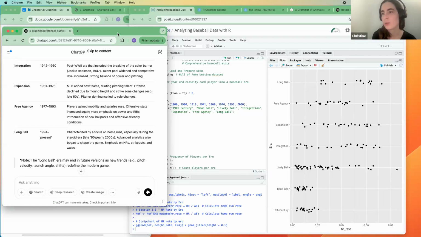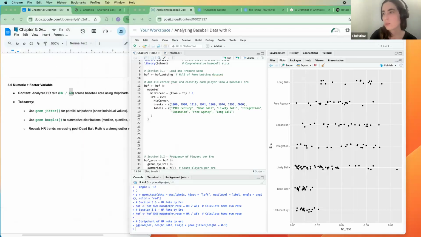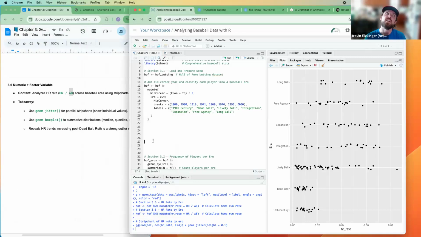It would be cool to see if that impacts the outcomes of games and how people play the game. It's very meta. Advanced analytics are also going in that direction.